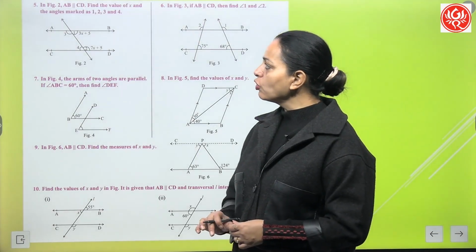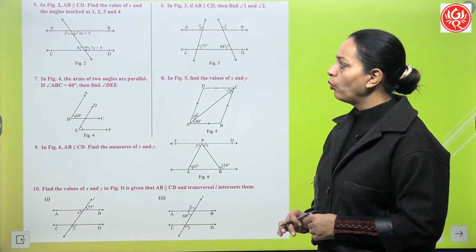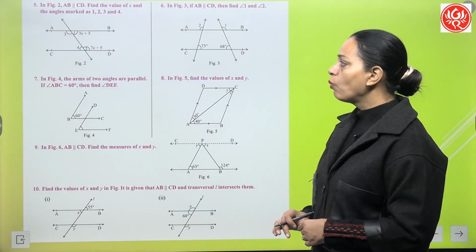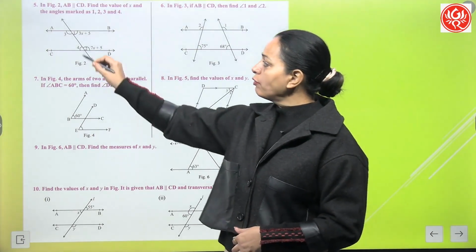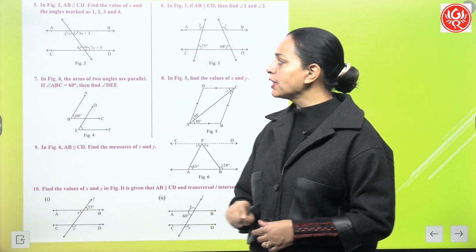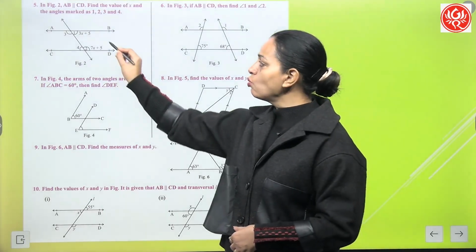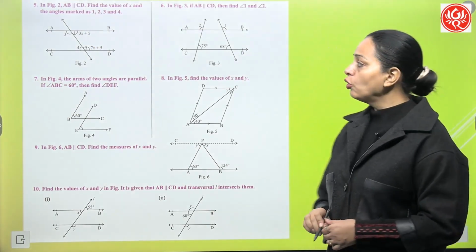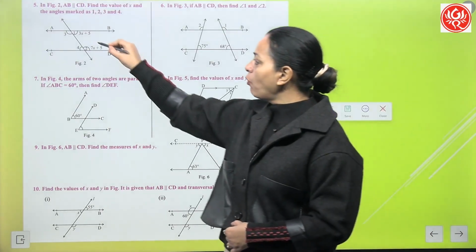Like here, fifth question. In figure 2, AB is parallel to CD, find the value of x and the angles marked as 1, 2, 3 and 4. So here we have two angles given, 3x plus 5 and 7x plus 5, and you can see these two lines are parallel and this is the transversal. You know very well, angle 1 and 2, which type of angles are these?